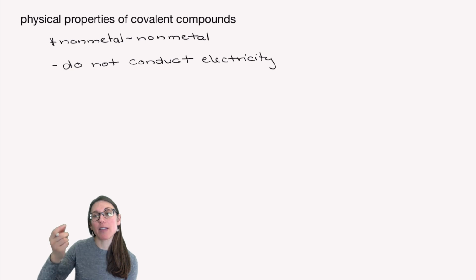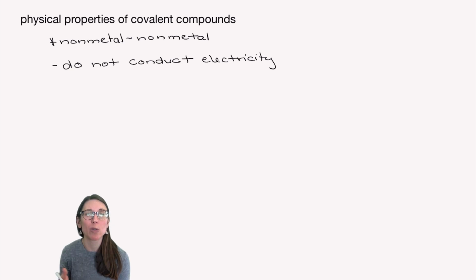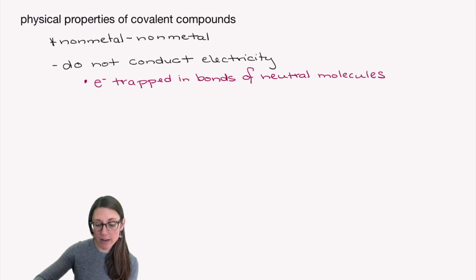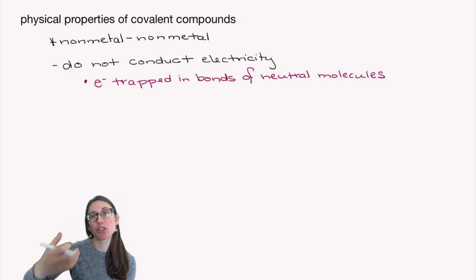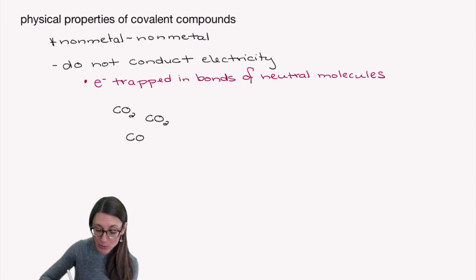And because this is about a sharing of electrons, you actually have the same amount of electrons and protons in the overall molecule, and so it's neutral. There's no charged particle to move. It is true that this is the time when we really truly talk about molecules. Covalent compounds are actually made up just of discrete molecules. So if you take a look at something like carbon dioxide that we exhale all the time, we draw it as CO2.